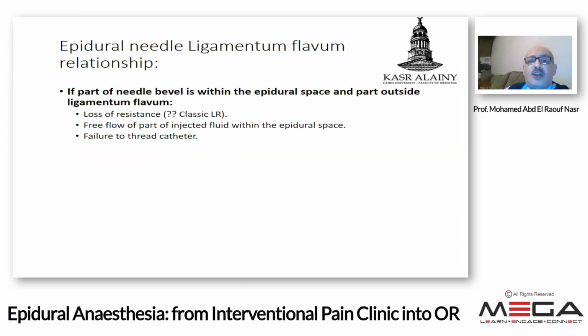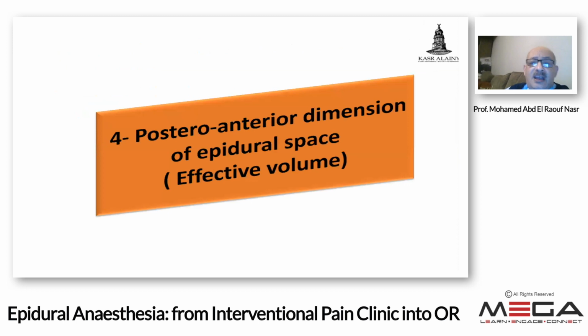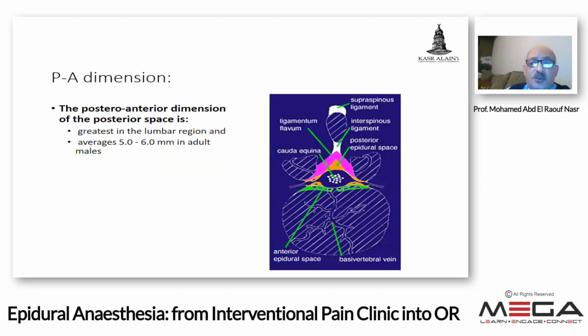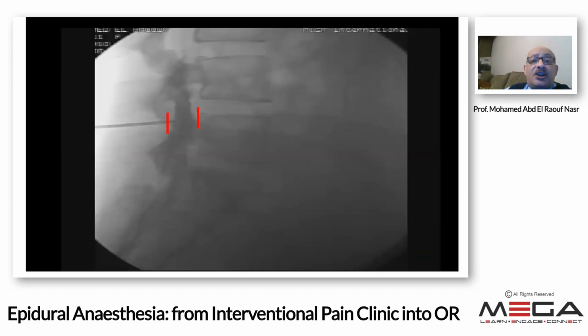But imagine you are doing a blind epidural and advancing the needle at that time, it might lead to dural tap with serious complication. Now we are in the epidural space with an anteroposterior diameter of about 0.5 millimeters, and we are injecting our dye in the epidural space. Here we are injecting 3 milliliters.